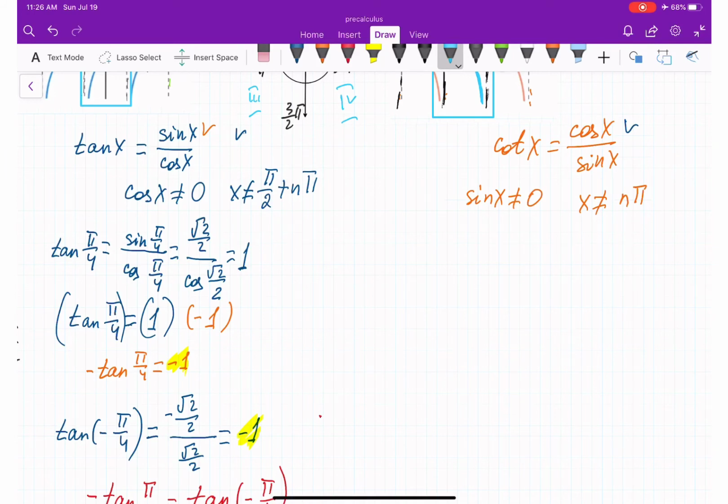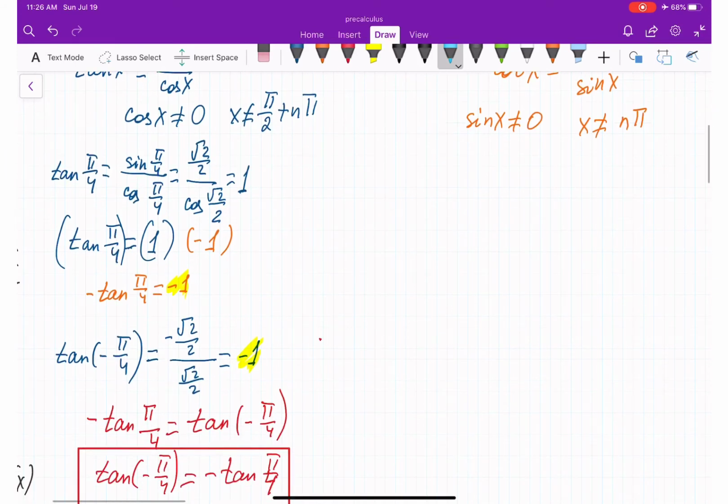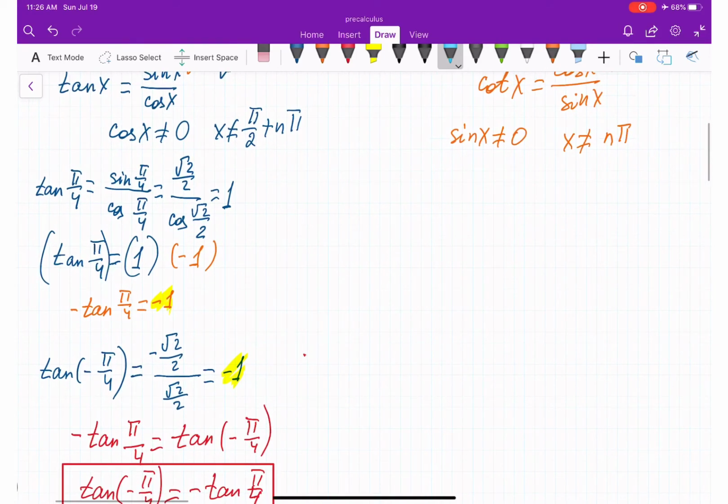From here we can also conclude that cotangent is also an odd function. So, like I said, odd one, it sounds like bad one. No, it's only odd. So let me write down: cotangent of negative x is equal to negative cotangent x.